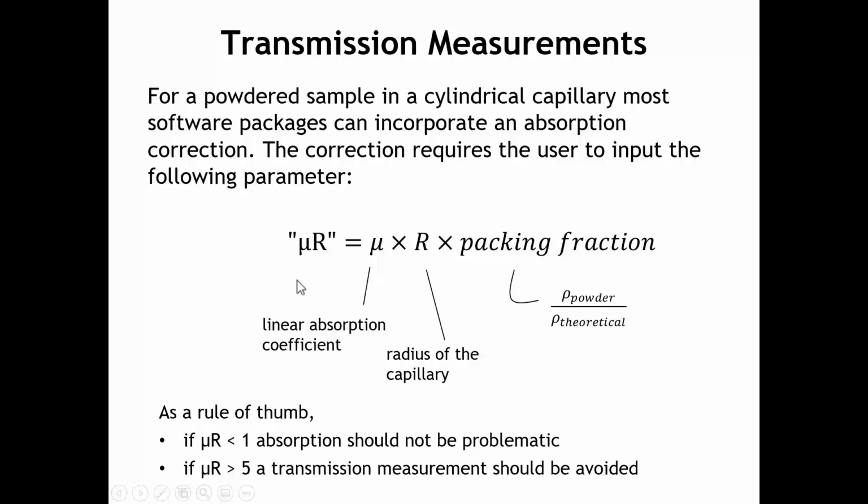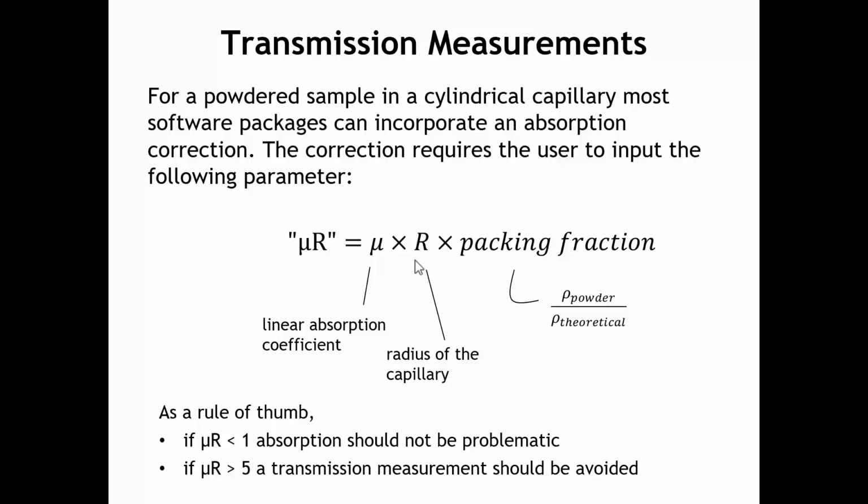So mu is our linear absorption coefficient, and r would be the radius of our cylindrical sample, the radius of our capillary. Now, we could just use the standard mu that we've been talking about in these calculations and just multiply by the radius of the capillary. We would be all done if the sample was perfectly packed into the capillary so that the density of the sample in the capillary is the same as the density of a single crystal.